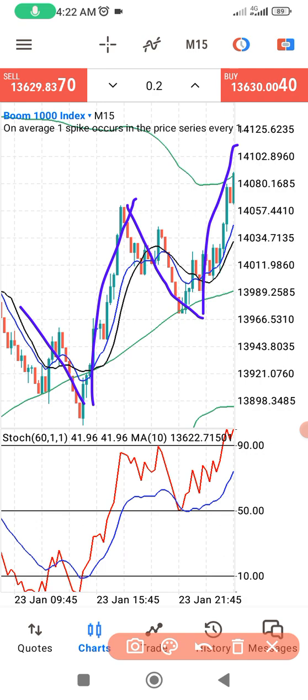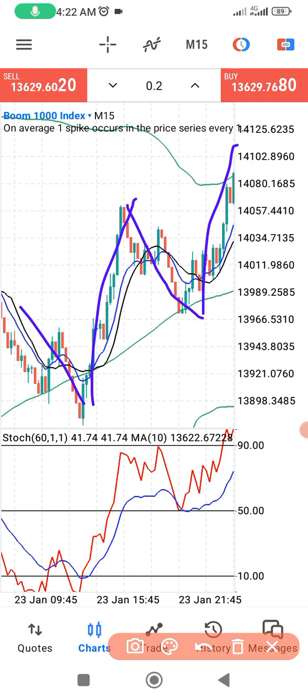So it helps us to determine our trend continuation, and at the same time it is used to determine the trend of the market.